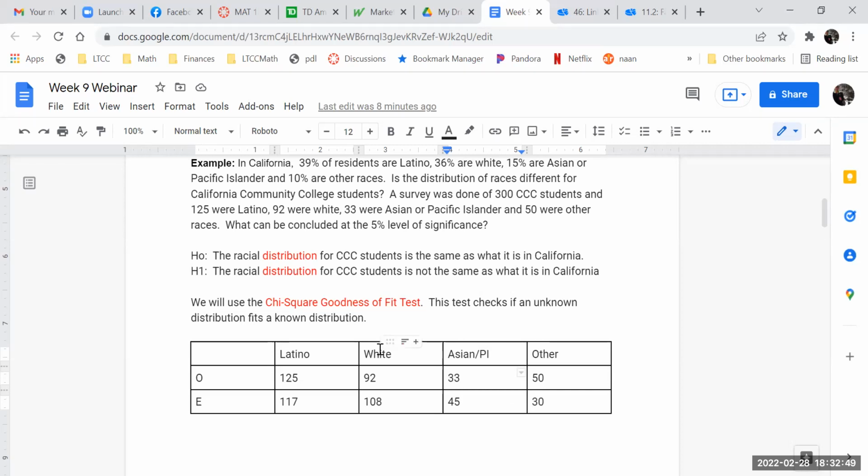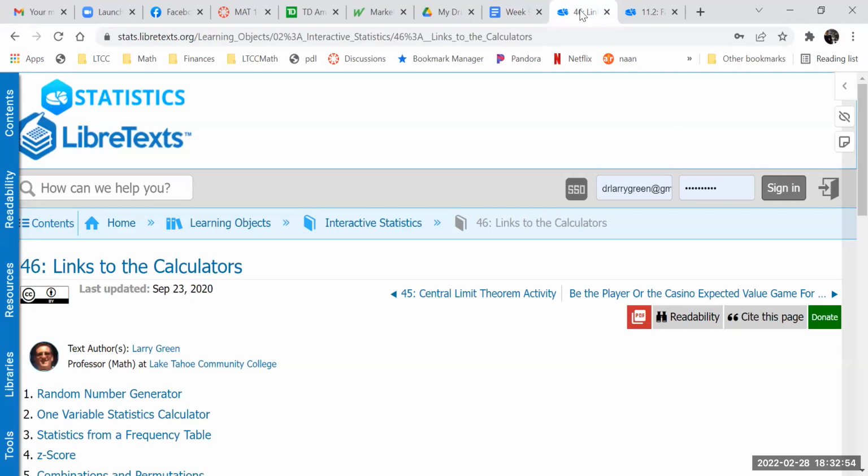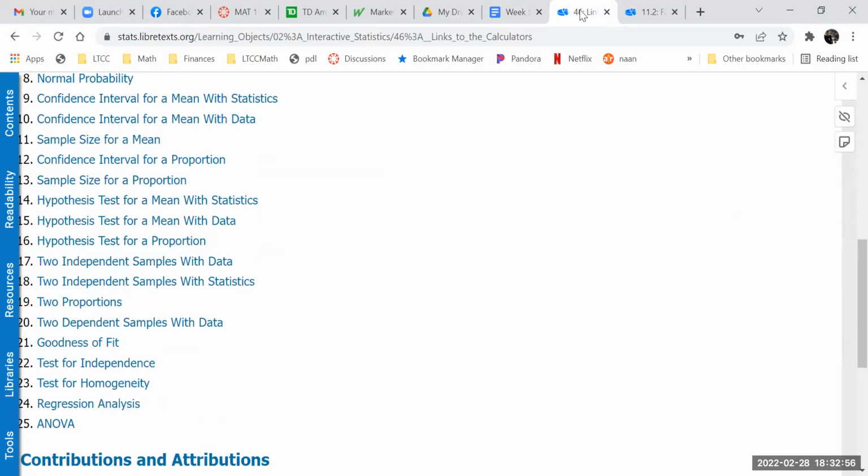So what I need to do is go to the calculator. We're towards the end of the class, which means you should look towards the bottom and tell me what number you think we're going to use. Yep, 21, goodness of fit, because we've identified this as a goodness of fit test.